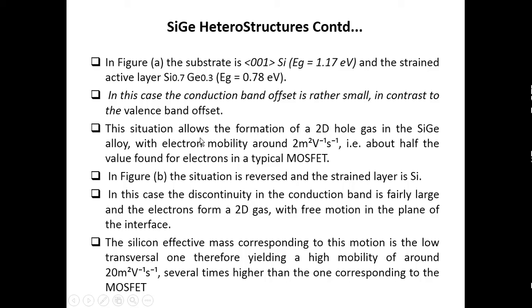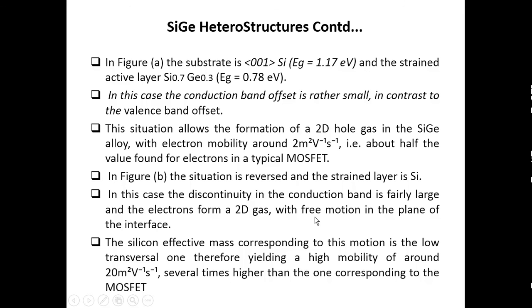In this case, the conduction band discontinuity is very important, and it is very large in the second case, that is, silicon as the strained layer. If silicon is acting as the strained layer and Si-Ge as the substrate, then the conduction band discontinuity is fairly large and the electrons form a 2D gas.